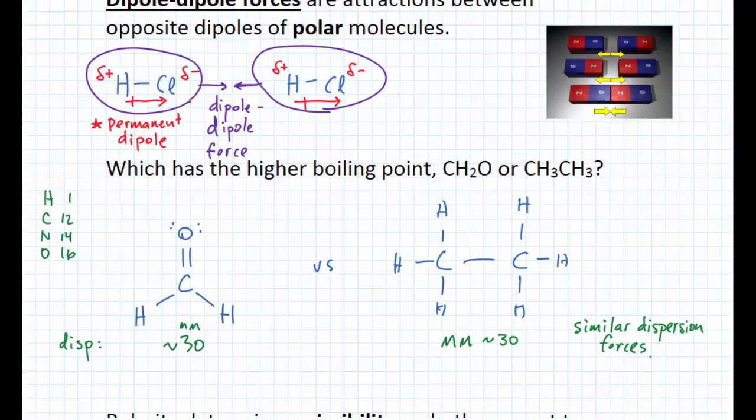They're close enough that we can't tell a difference with this method, at least. But then we also need to consider dipole-dipole, just going to say dp-dp there. And dipole-dipole forces will only show up if the molecule is what? Polar. You got it.